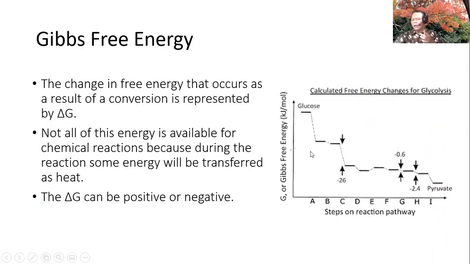Now let's move to Gibbs free energy. Gibbs free energy explains the change in free energy that occurs as a result of a reaction, represented by delta G. And not all of this energy is available for chemical reaction because during the reaction some energy will be transferred as heat.